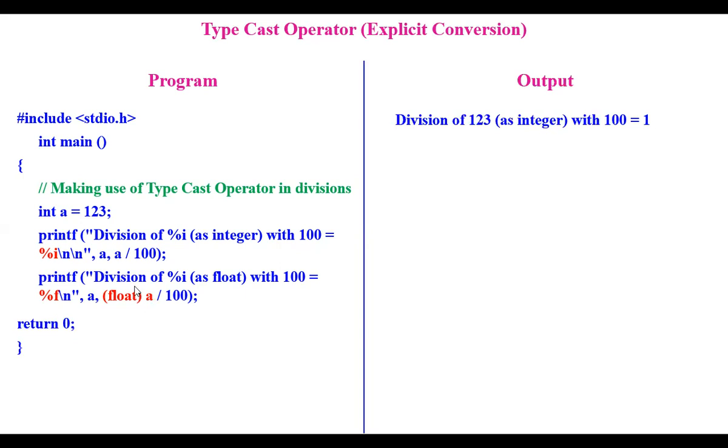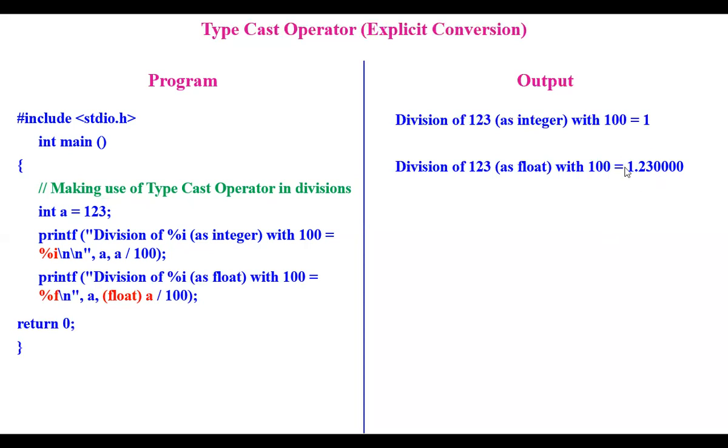When you convert this into float, 123 divided by 100 is equal to 1.23. So we should get 1.23. Yes, we got it. Because we have declared it as a float, we got 6 decimal places. Next, it is up to you to show how many decimal places.